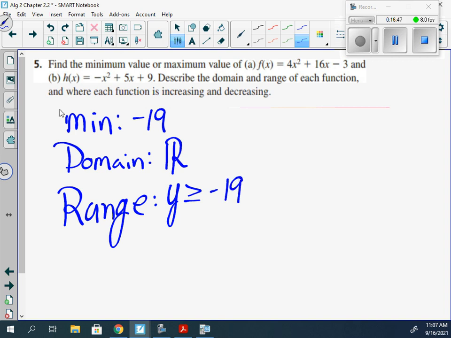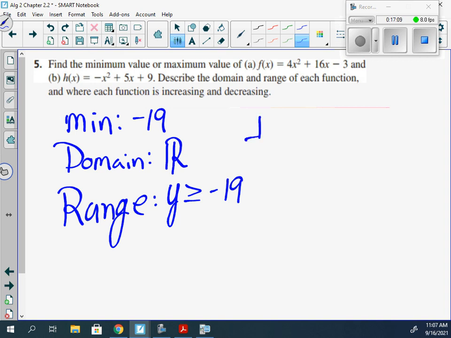Because again, if it opens up, we're talking about greater than or equal to. If it opens down, we're going to talk about less than or equal to. Just what are the y values that are being covered? Is it all the points that are bigger than negative 19? Or is it all the points that are less than negative 19? What y values are being covered?